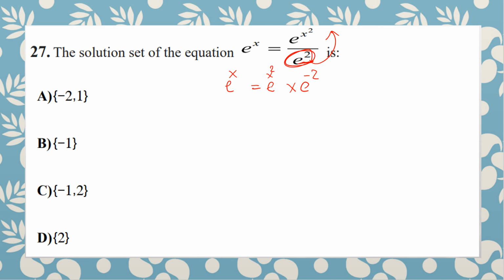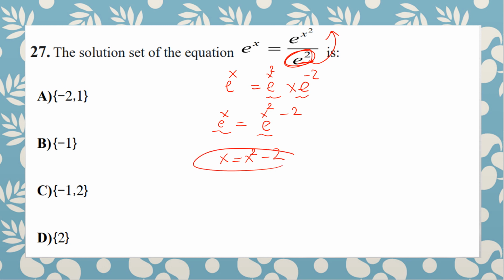And if we have the same base multiplied, then we can add the powers. So e to the power x equals e to the power x squared minus 2. Again, we have the same base, then the exponents are equal. So x equals x squared minus 2.